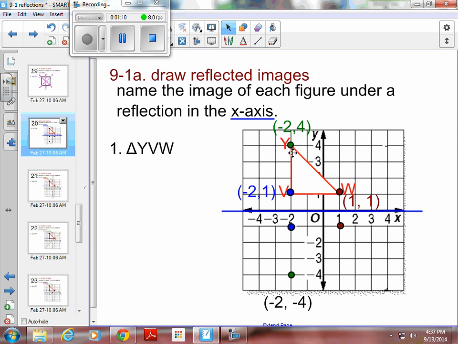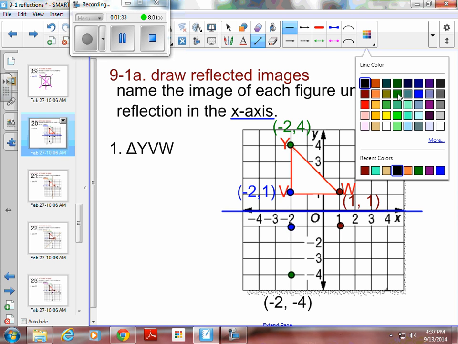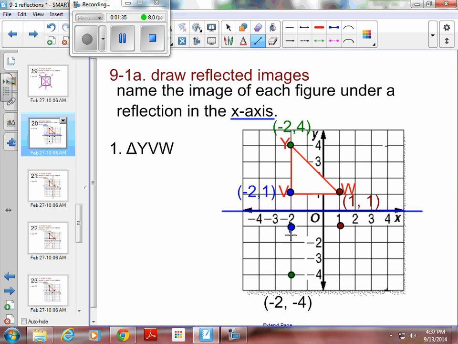So in all cases, my first coordinate, how far I am front and back, stayed the same, and the second coordinate, the y, changed from a +4 to a -4, a +1 to a -1, a +1 to a -1. Then I can draw my triangle in here. Let me grab a segment and we'll put it in blue. And here is my new triangle that's been reflected across the x-axis.